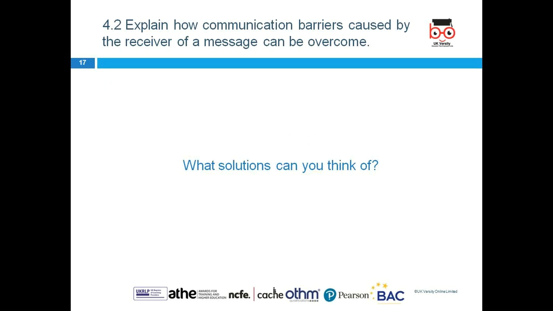Is there anything that you can think of that might help to reduce communication barriers? Try to be fluent, very audible, try to make eye contact with the person, and sometimes use gestures to explain what you're trying to explain.